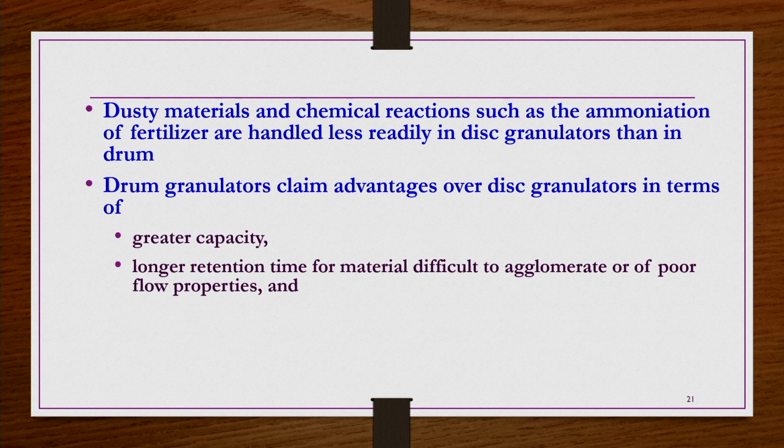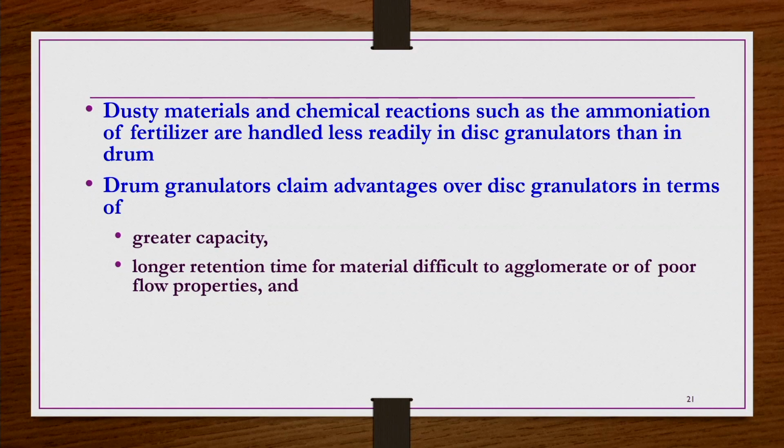It is not like that. Some materials are very tough, very difficult to agglomerate. Under such conditions you need a longer residence time of the feed material as well as the binding material, so that agglomeration properly takes place. That can be easily done using drum granulators.